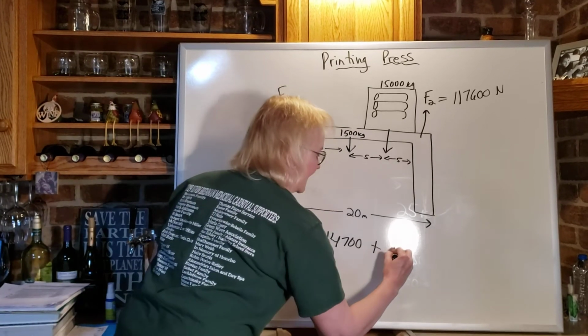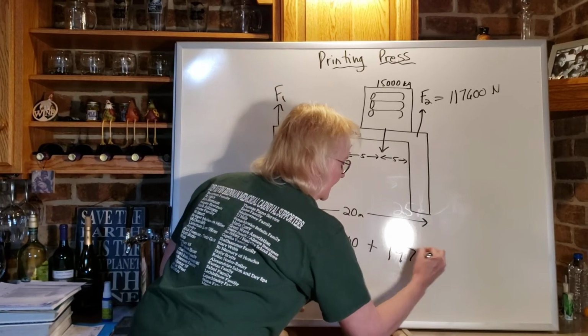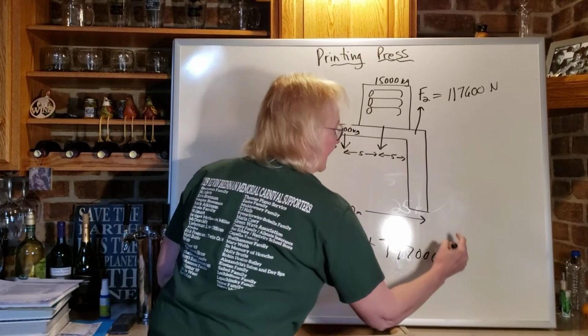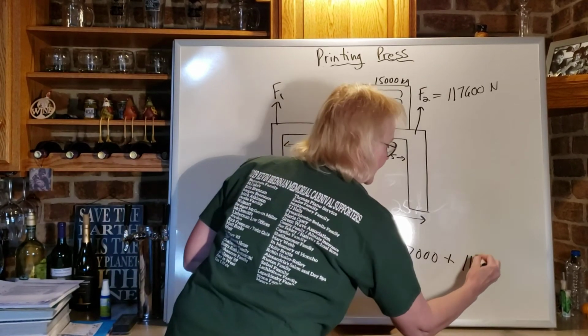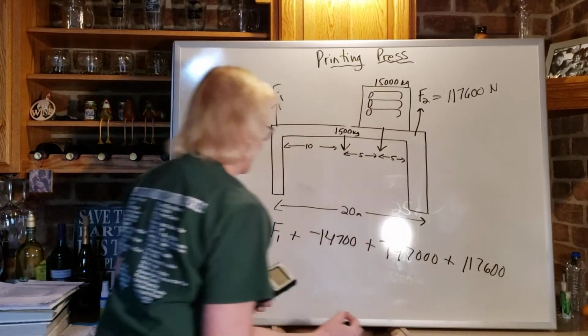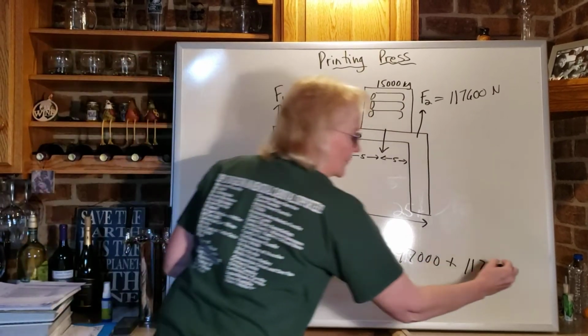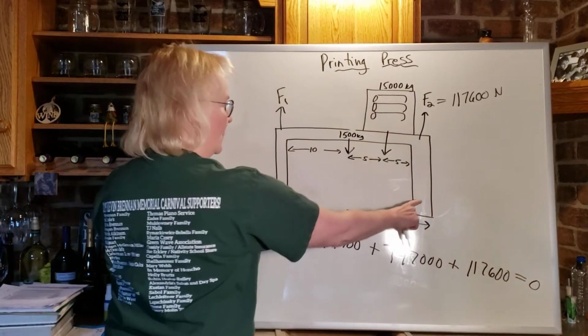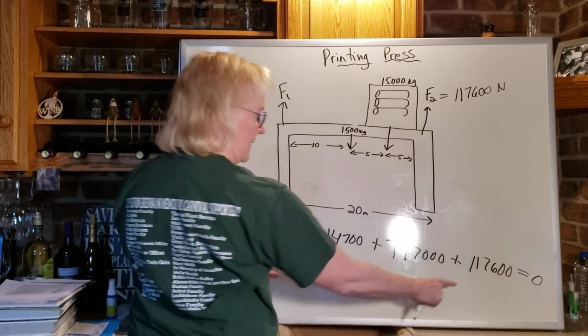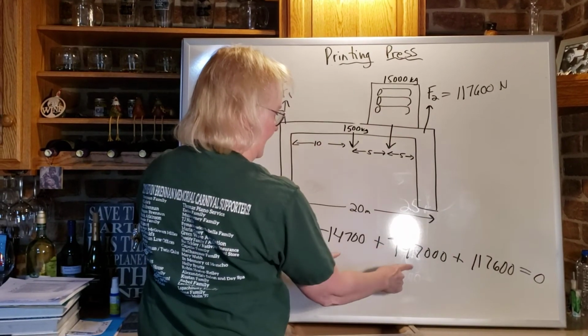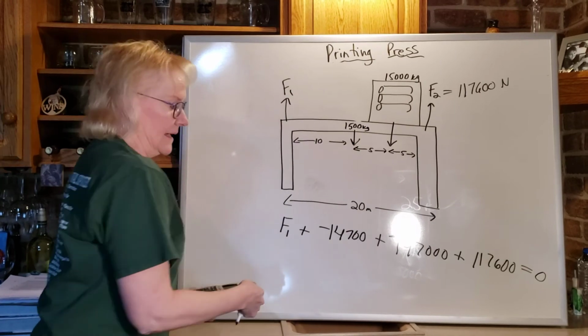That's 147,000, and that's negative. And then we've got this upward force of 117,600. If I add all these up, it should equal 0. I've got two upward forces and two downward forces, which I counted as negative.